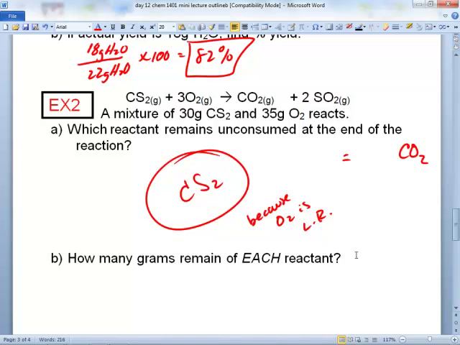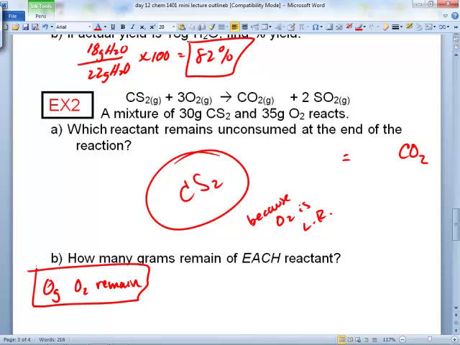It's the limiting reagent. 0, exactly. So that one's easy. 0 grams of oxygen. But the carbon disulfide, that's a different story. That one we're going to have to figure out.